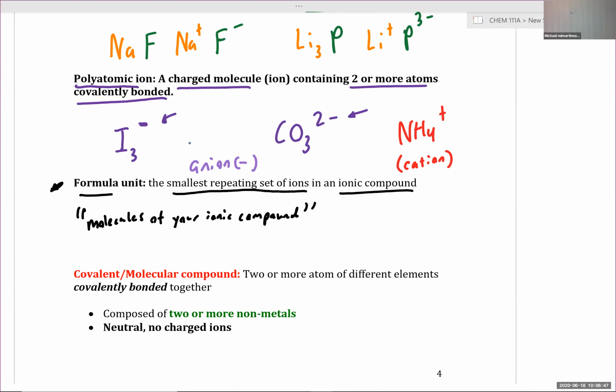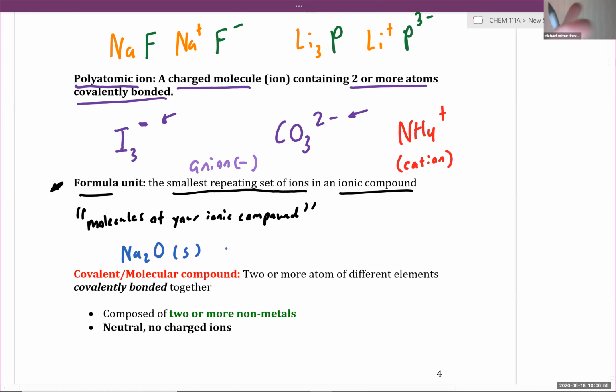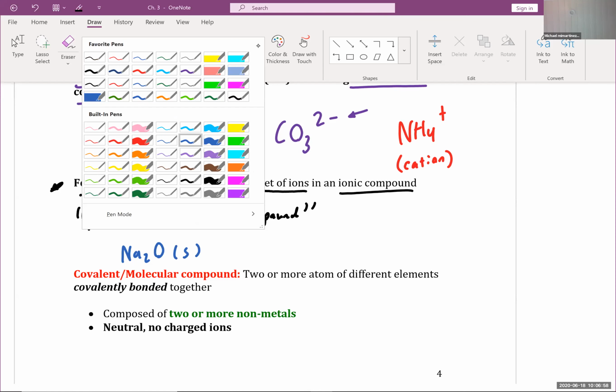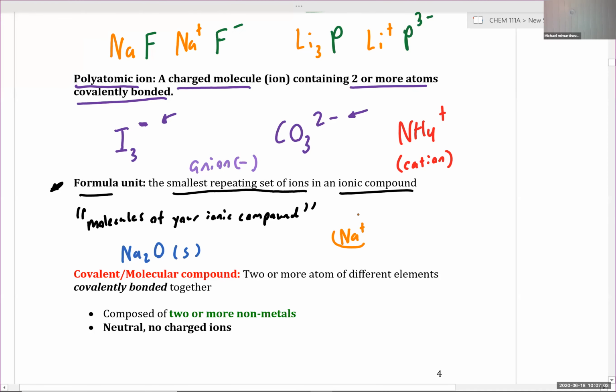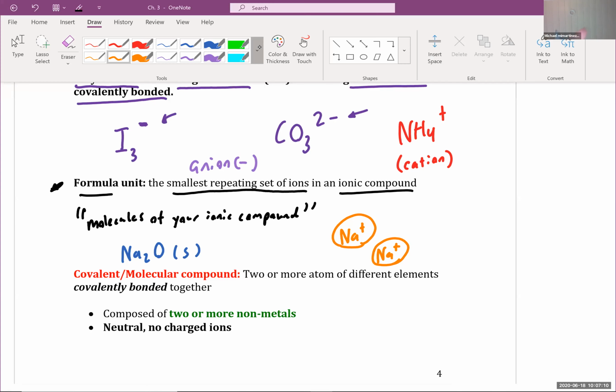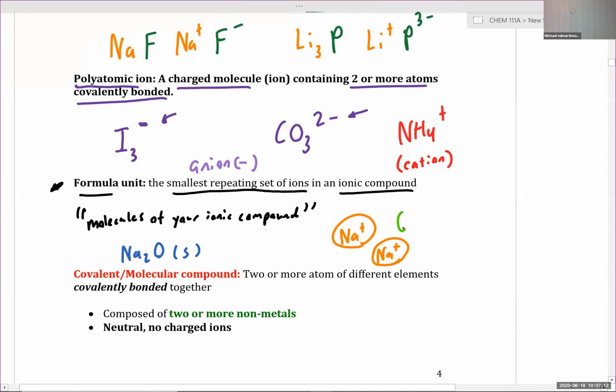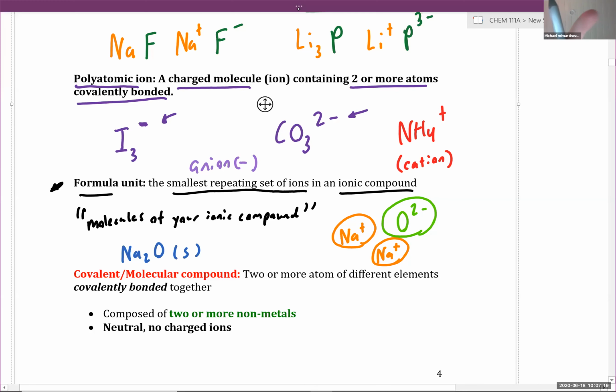As an example of a formula unit, if sodium oxide has the formula Na2O, the simplest repeating unit of ions would consist of 2 sodium ions and 1 oxide ion. We'll talk about how we're determining these charges momentarily.